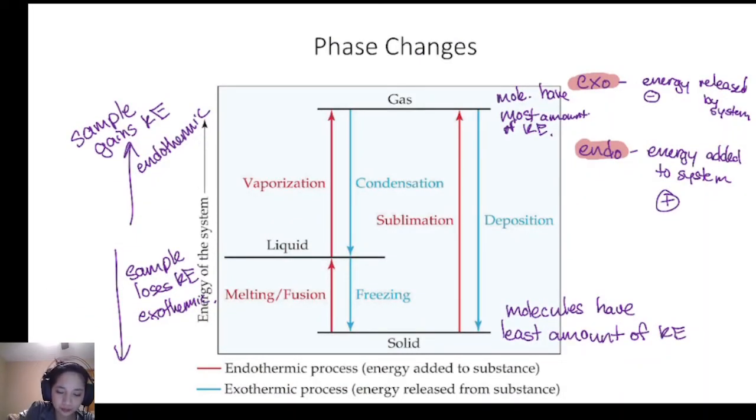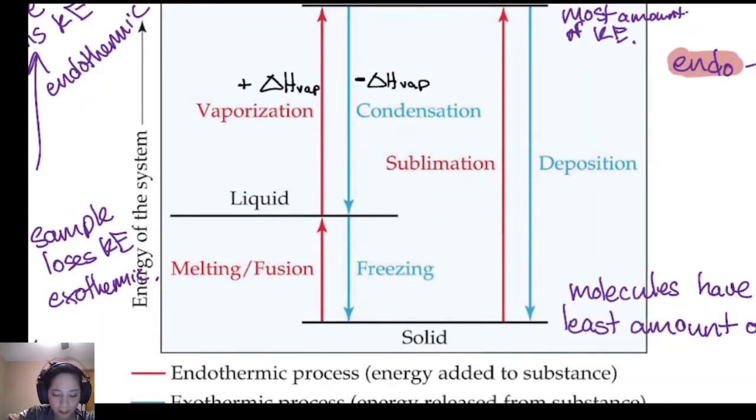So essentially, if we wrote what these are, this liquid to gas transition is defined by our delta H vaporization. I'm going to put it over here because vaporization is a positive value, so it's the positive version of delta H vap. Our condensation is our negative delta H vap. Melting a solid is our delta H of fusion.